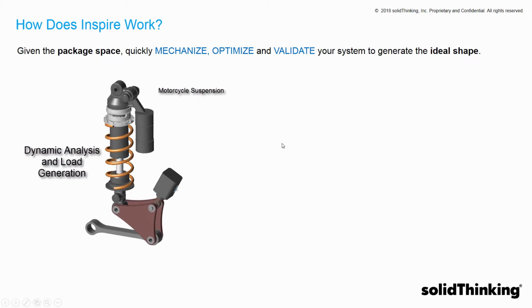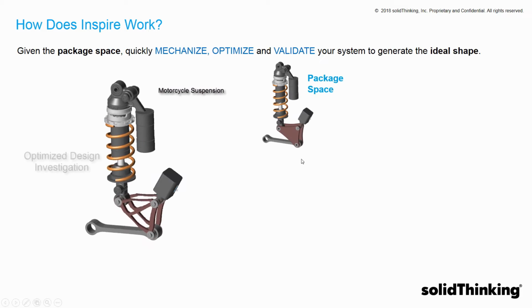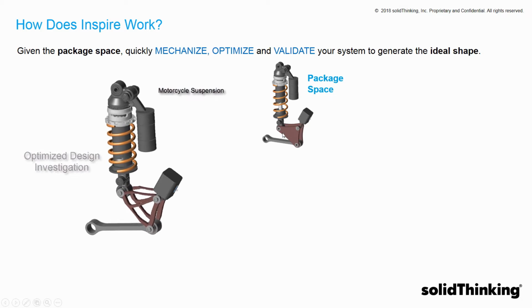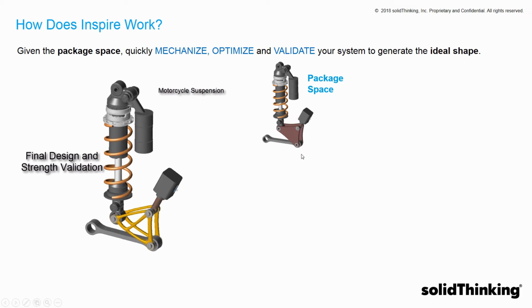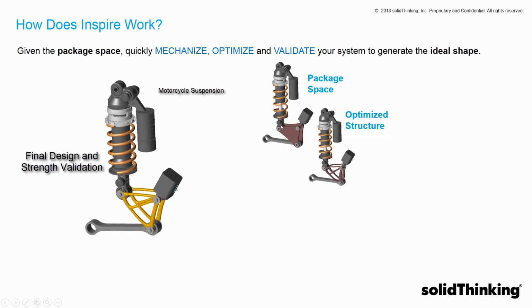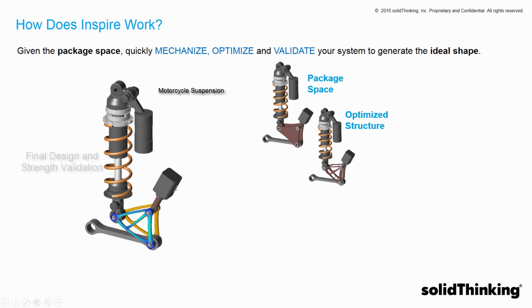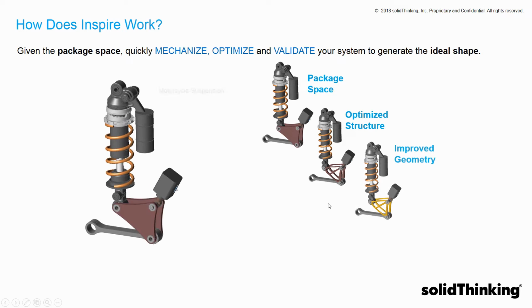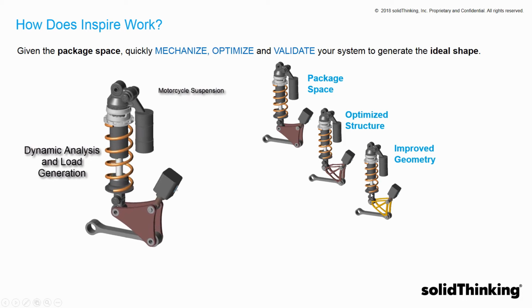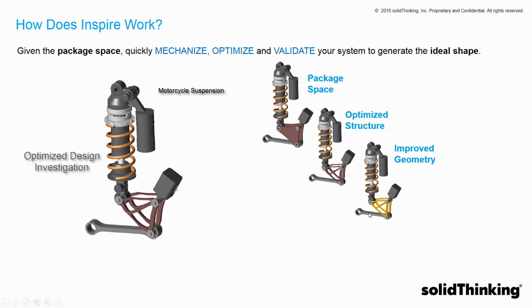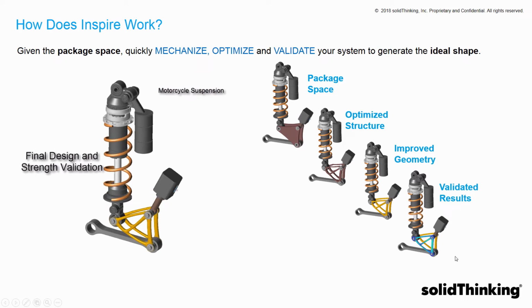How does Inspire work? The user first defines a package space for the product, then applies some proper loads, and Inspire will give the optimized shape of the structure. Based on the optimization result, the user can create a detailed design of it and validate it in Inspire as well.